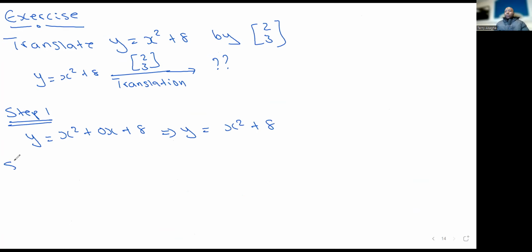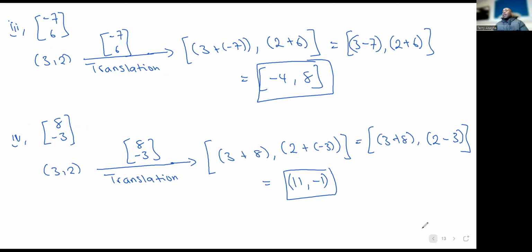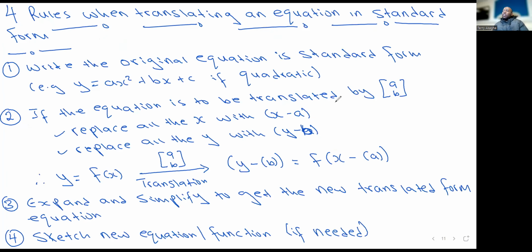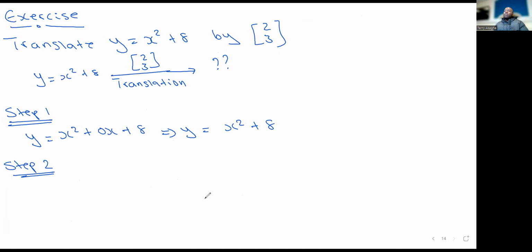Now, step 2. Step 2 said that if the equation is to be translated by a, b, replace all the x with x minus a, and the y with y minus b. Is that okay? So let's do that now. Any x becomes x minus a, and y becomes y minus b. So let's go. We have y is equal to x squared plus 8.